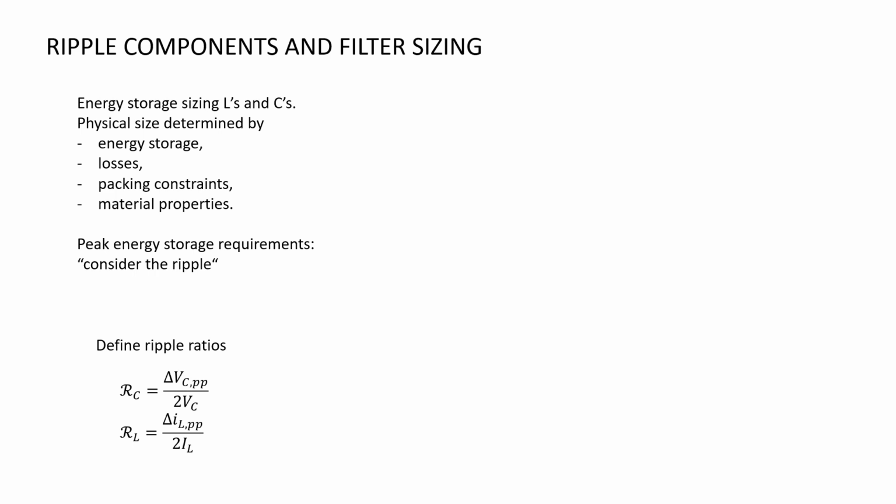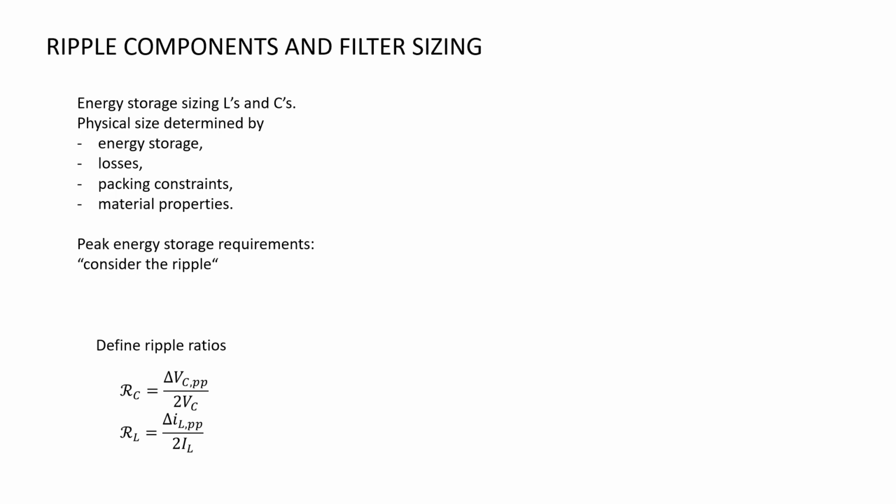So you know the voltages. Then you want to choose a capacitor or inductor, and you can allow the ripple to a certain value. Then you can calculate the ratio, which we call the ripple ratio.